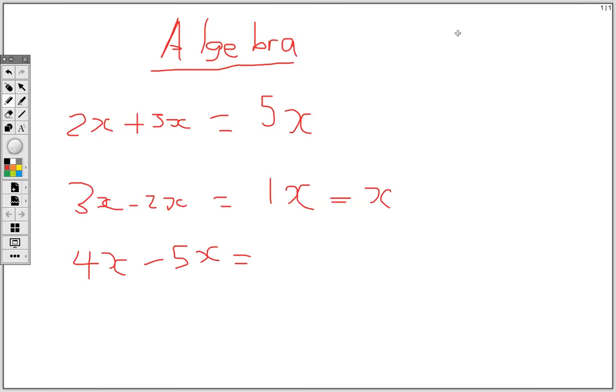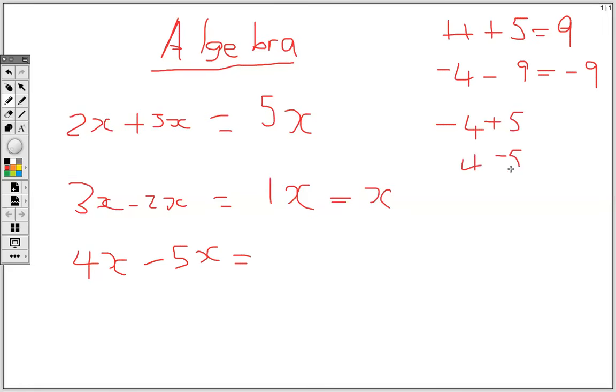Now, you have learned at one point that when I have the same sign, so if I have positive 4 plus 5, you can quickly see it is 9, while if I say minus 4 minus 9, it will give me negative 9. But what about if I have minus 4 plus 5 or positive 4 minus 5?